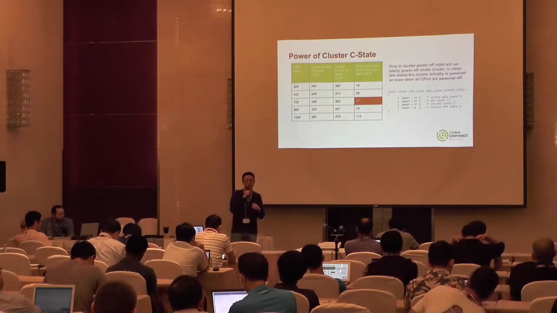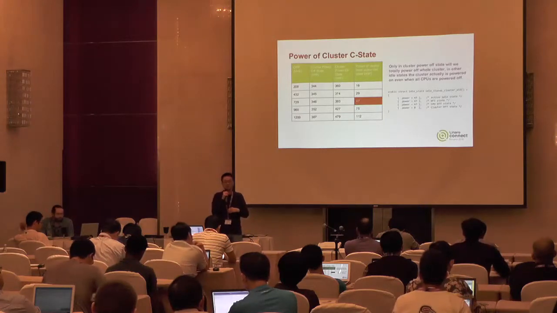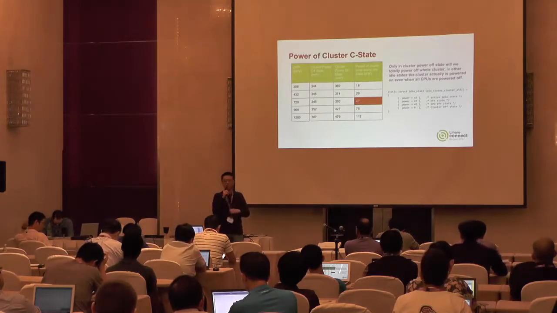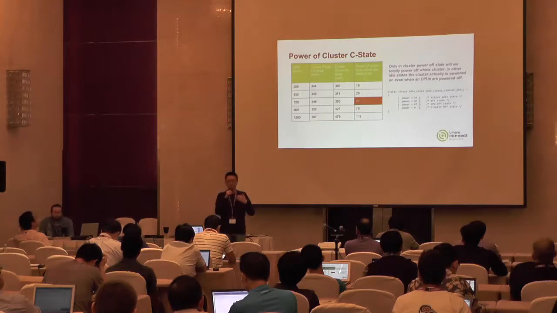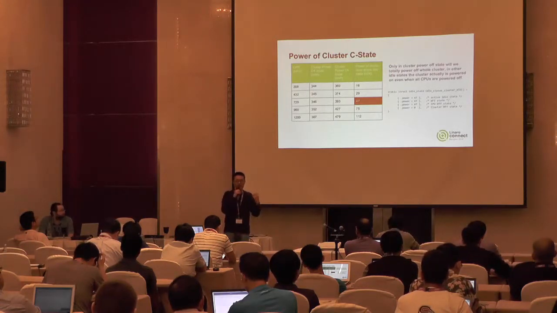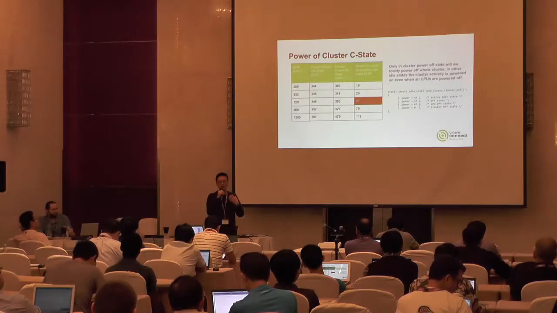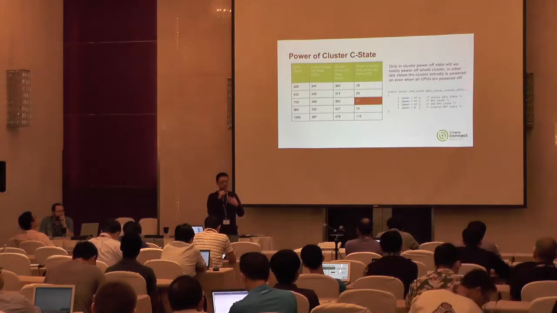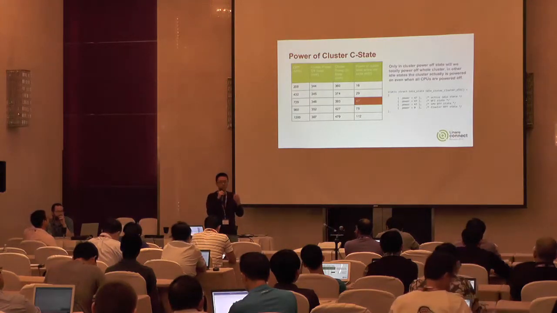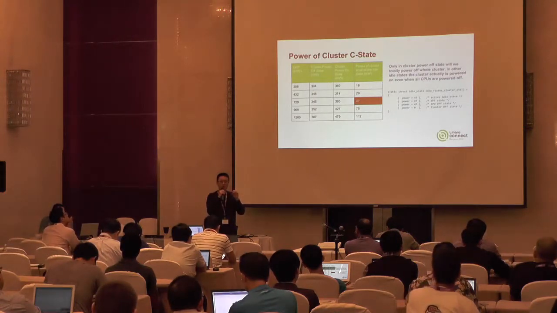So at the very beginning, I sent an email to confirm with Morten Rasmussen. Here, I have some idea on that. I'm not sure, but it looks like we should take this state as the cluster level P state, or the active idle state.